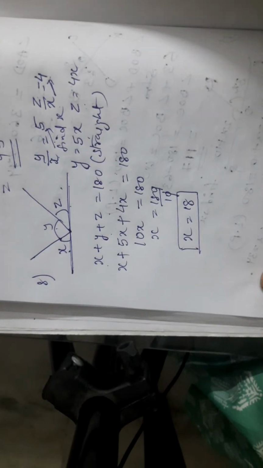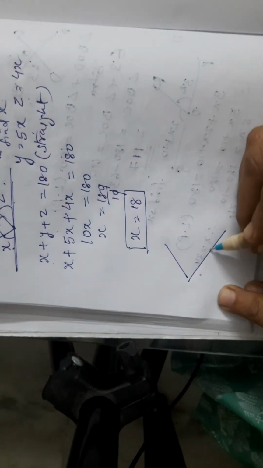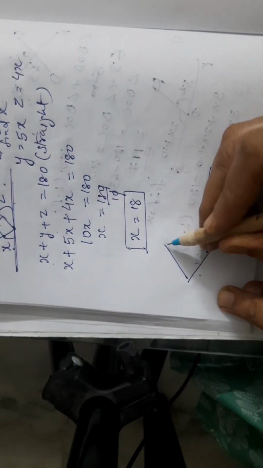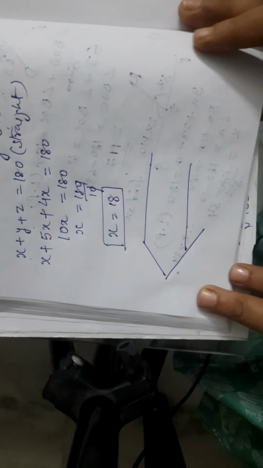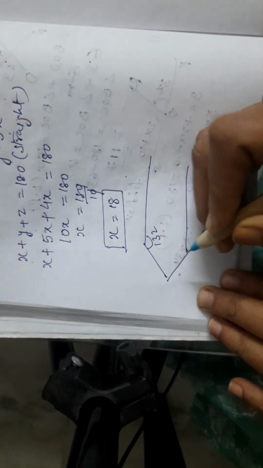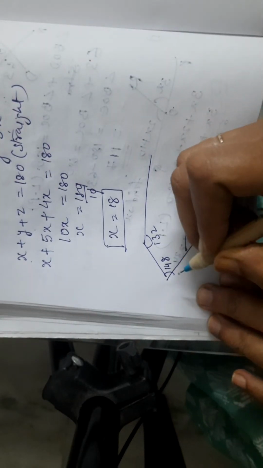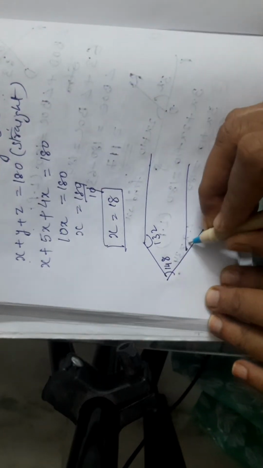Now the next question is, here it is given. The diagram is in this way where it is given 132 and the middle angle is given 148. We need to find this x.